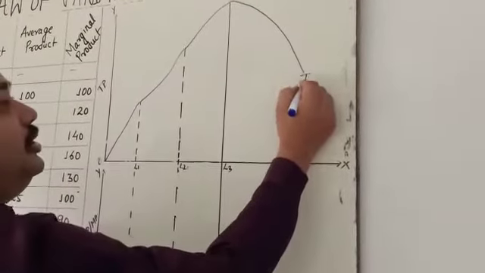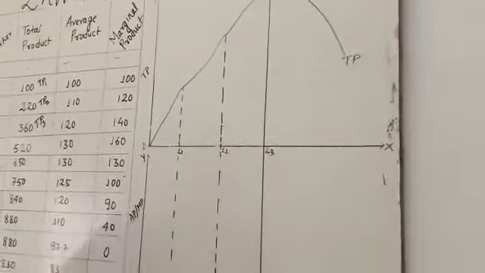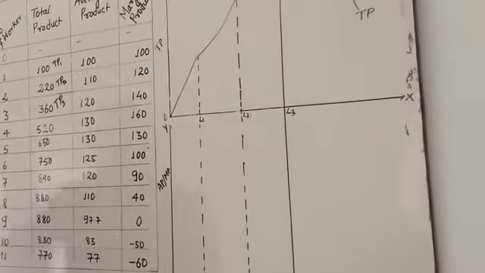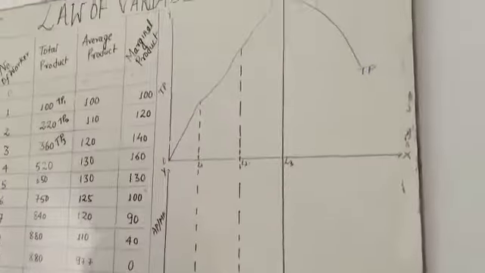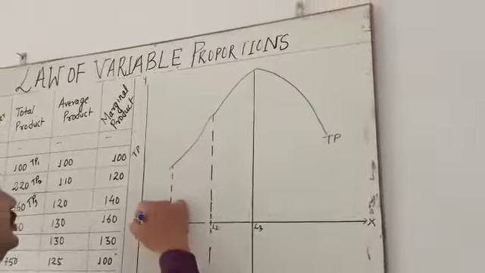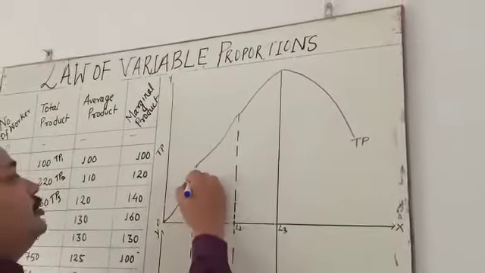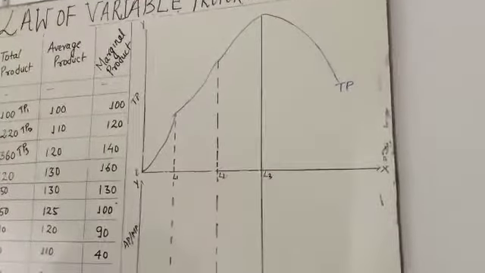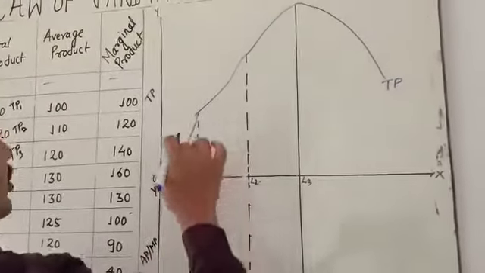This is called TP. Okay, my dear student. This slope can also be curved, and this slope is also curved.